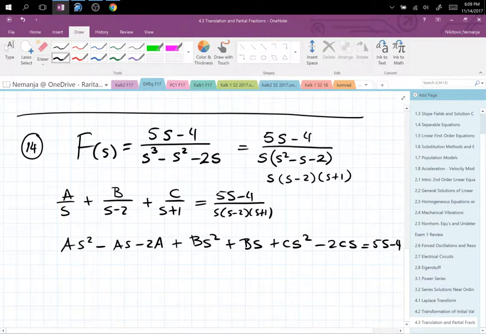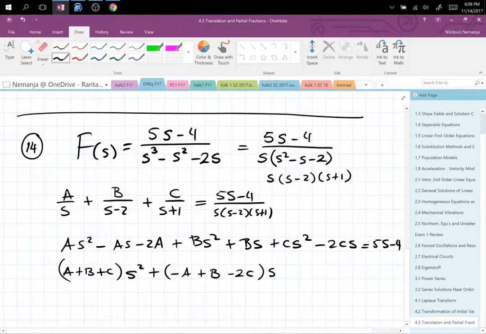All right, so (A plus B plus C) times s squared, plus, for s we have (negative A plus B minus 2C) times s, and then the constant term minus 2A. That's it.